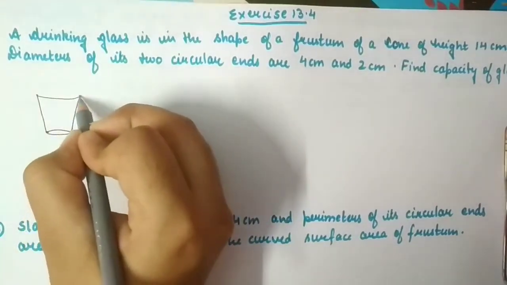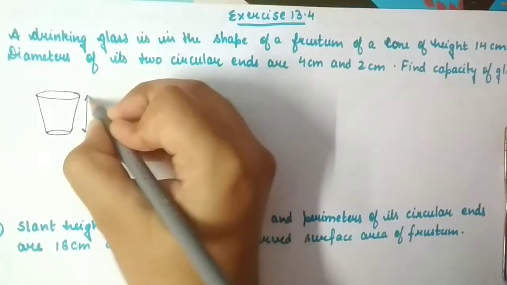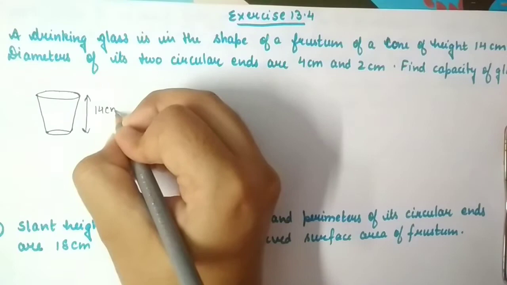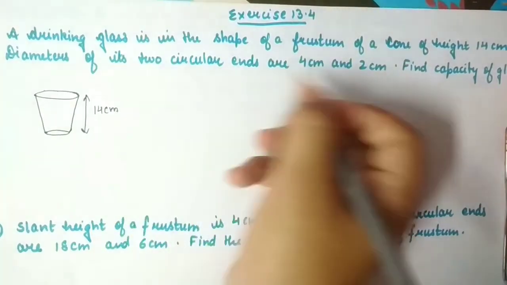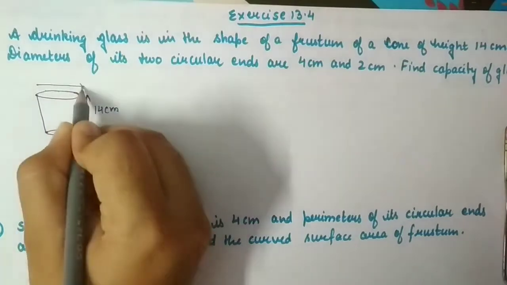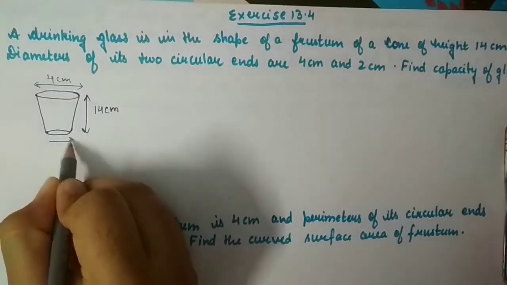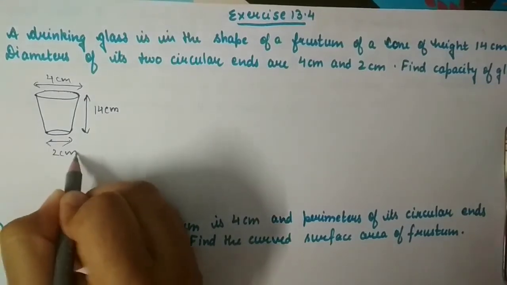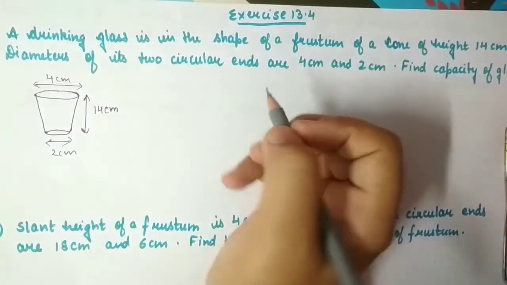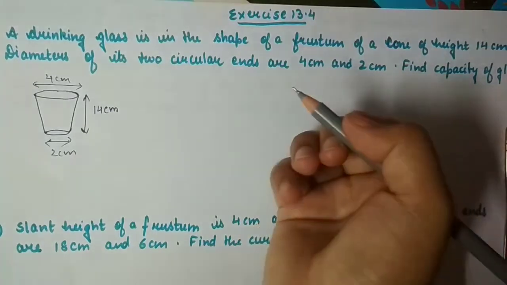So it is given that the height of this frustum is 14 cm, and diameters of the two circular ends are given to be 4 cm and 2 cm. So it means this is 4 cm and this diameter is 2 cm. We have to find the capacity. It means we need to find the volume of the glass or volume of the frustum.